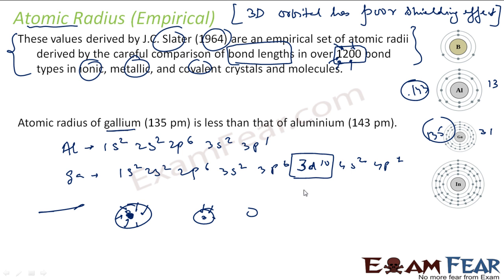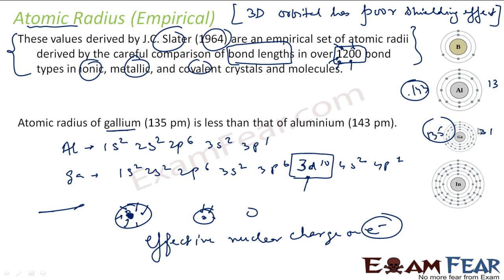Now if the 3d10 has a poor shielding effect, that means the effective nuclear charge on electrons for gallium is more, because these electrons experience more nuclear charge while the shielding effect is less.